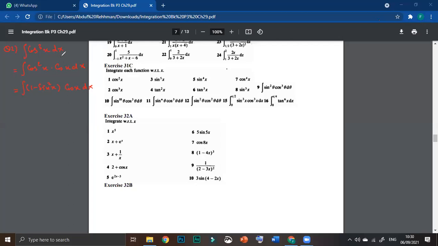To integrate odd power of x, we use sine square theta is equal to 1 minus cos square theta, and cos square theta is equal to 1 minus sine square theta. We will separate one power, cos square x into cos x dx, in line number 2. Then in line number 3, we will use the formula 1 minus sine square theta. Any suggestion to solve this integral?